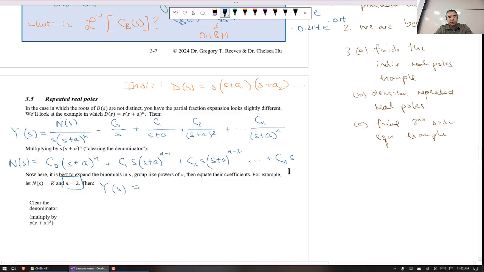So in this particular case, Y of s is equal to k over s times quantity s plus a squared, which is equal to c0 over s plus c1 over s plus a plus c2 over s plus a quantity squared.